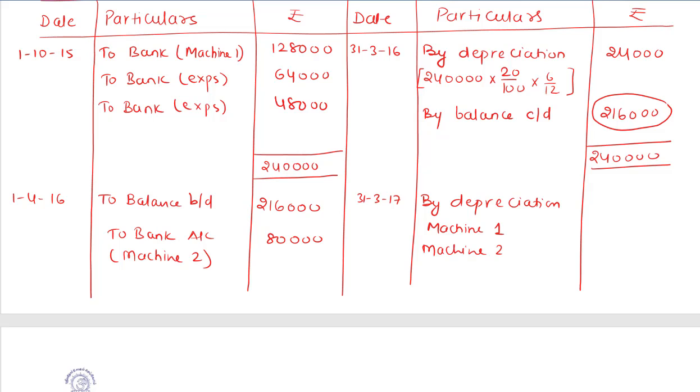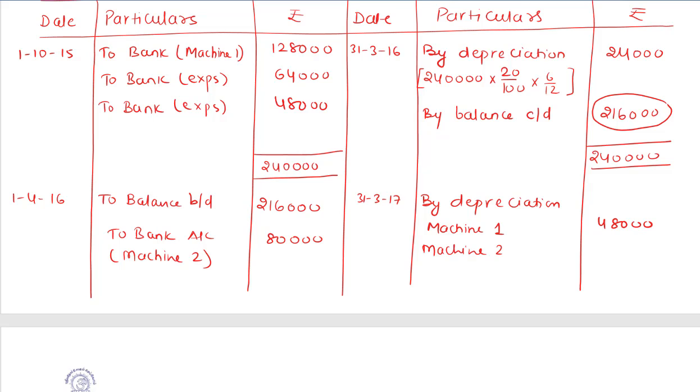So on machine 1 the value is 2,16,000 till now. We need to calculate depreciation on machine 1, but this is of original cost method. The original cost is 2,40,000 multiplied by 20%, which is 48,000.